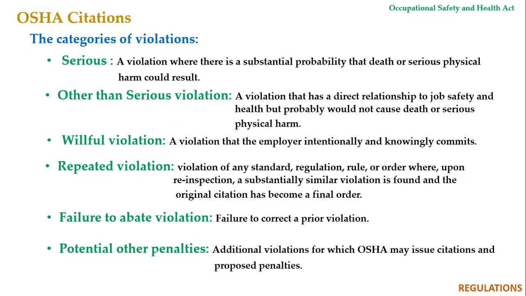Then the next category of the violation is failure to abate violation, failure to correct a prior violation. The next is the potential and other penalties. So additional violations for which OSHA may issue citations and propose penalties.